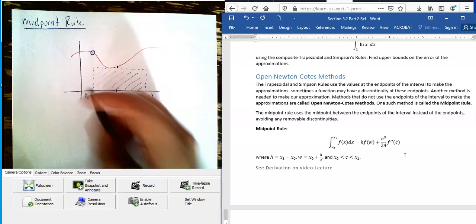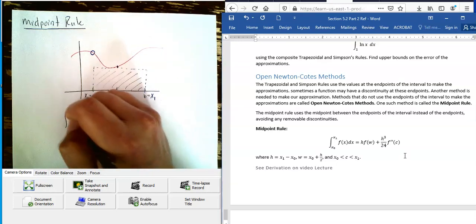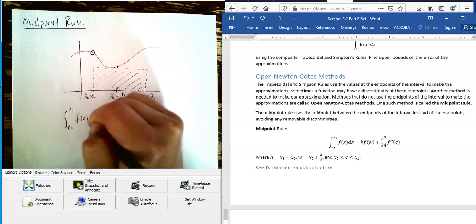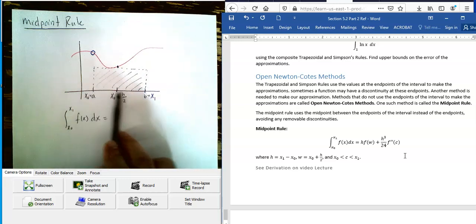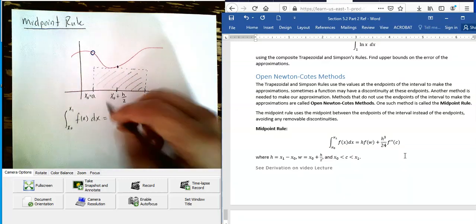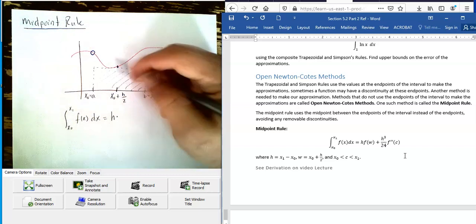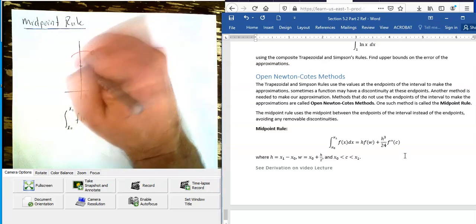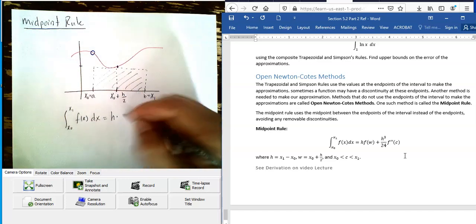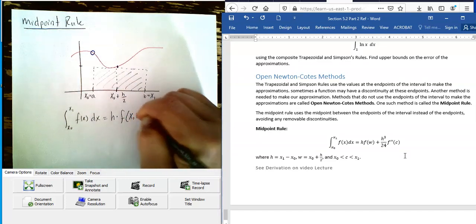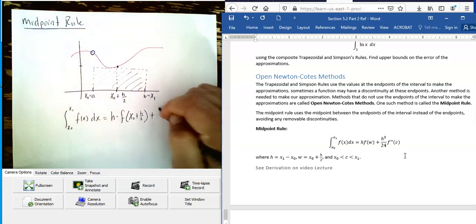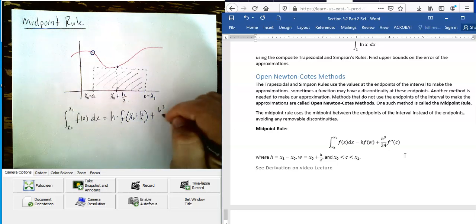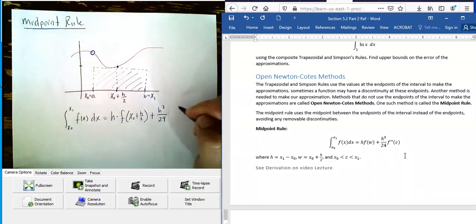So the integral from x naught to x1 of f of x dx will be the length of this rectangle, h, times the height of the rectangle, which is f of x naught plus h over 2, plus some error term. It ends up that the error for our midpoint method is h cubed over 24 times f double prime at c.